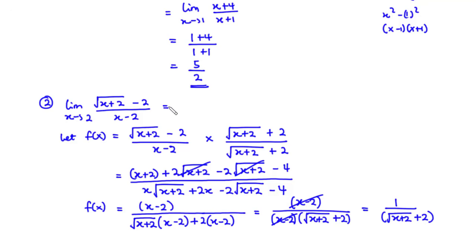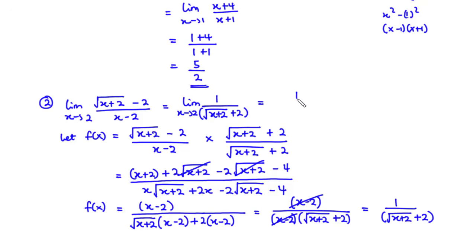Now in that case, the limit of this function can be reduced as the limit of 1 over the square root of x plus 2 plus 2 as x approaches 2. At this point, we can directly substitute 2 into this limit.